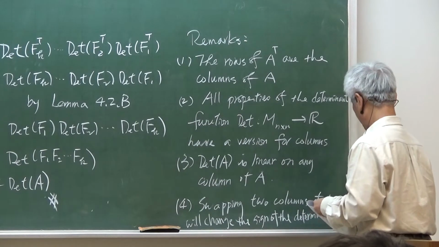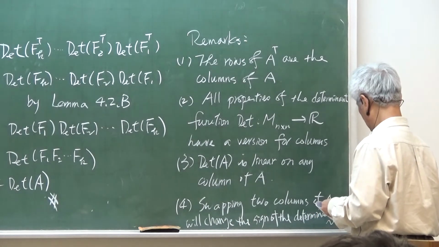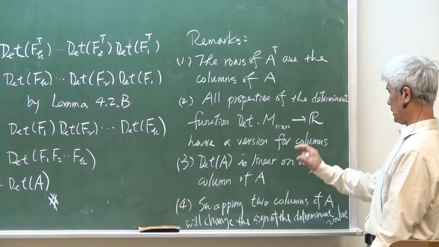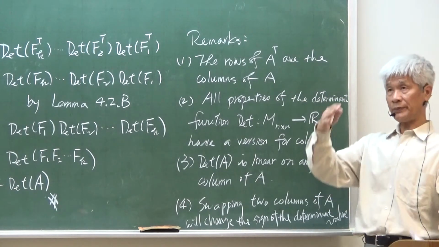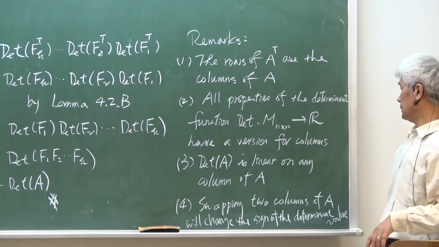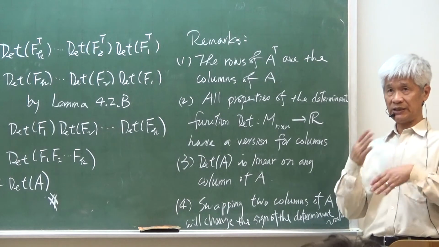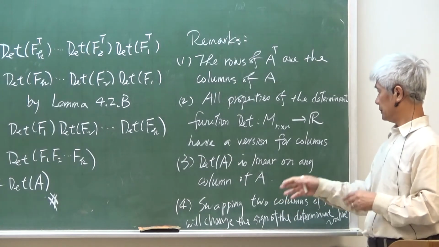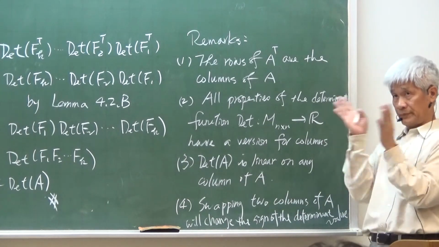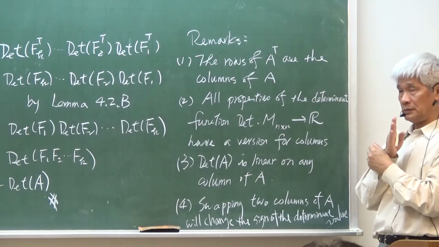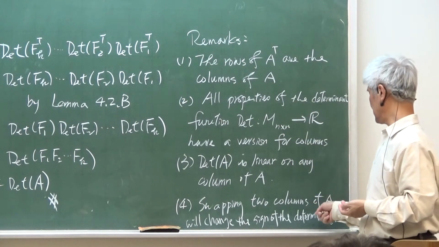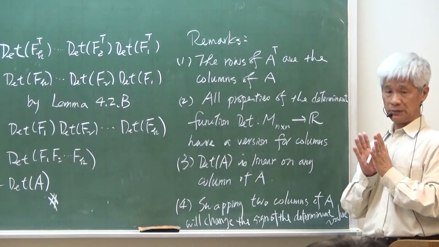So for rows, if we swap two rows, then the sign of the determinant has to change. But now, if we swap two columns, then the determinant value will also change sign.